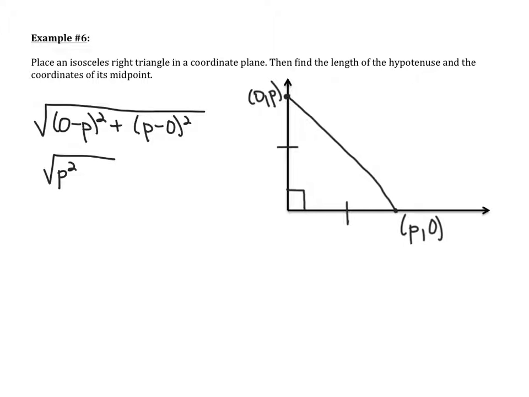And then p minus 0 is p, and p squared is p squared. So together I have 2p squared.